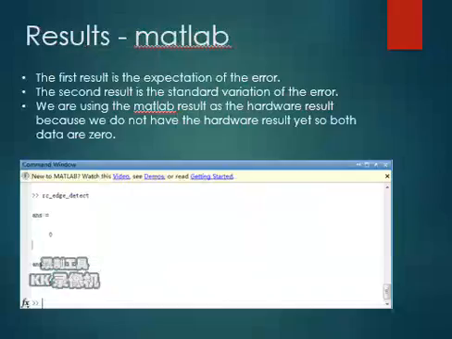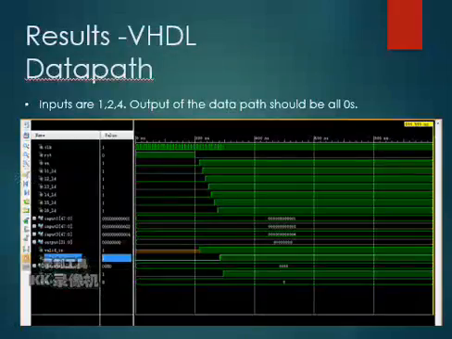And now we can see the results. This is the result from MATLAB. And here's the result from the data path alone, how it should output, without pipelining, just one data and one result.